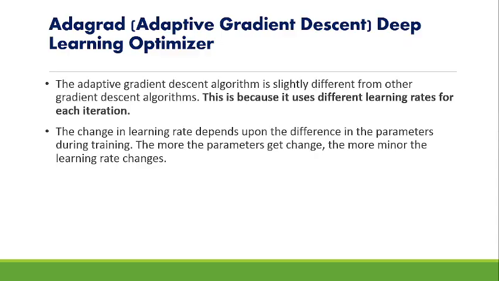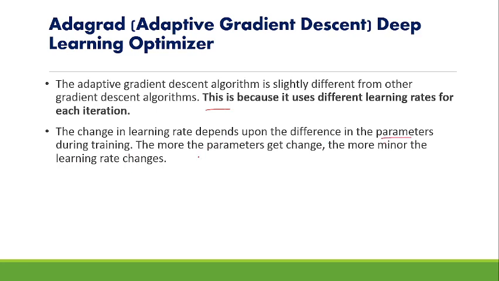There are some other gradient descent variants also used. Adaptive gradient descent is different from all the others because every time it is changing the learning rate. The change in the learning rate depends on the difference in the parameters during training. Parameters are nothing but weights and bias.